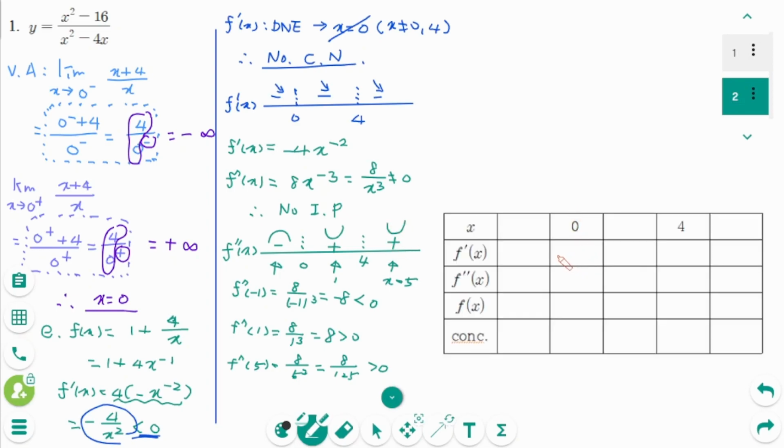When x equals 0 it is undefined, a vertical asymptote. x equals 4 is also undefined, and (4, 2) is a hole. f prime of x is always negative. f double prime of x is negative, positive, positive.